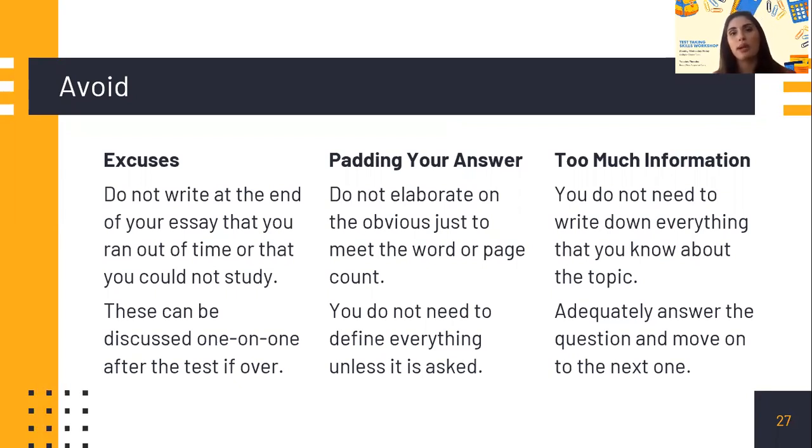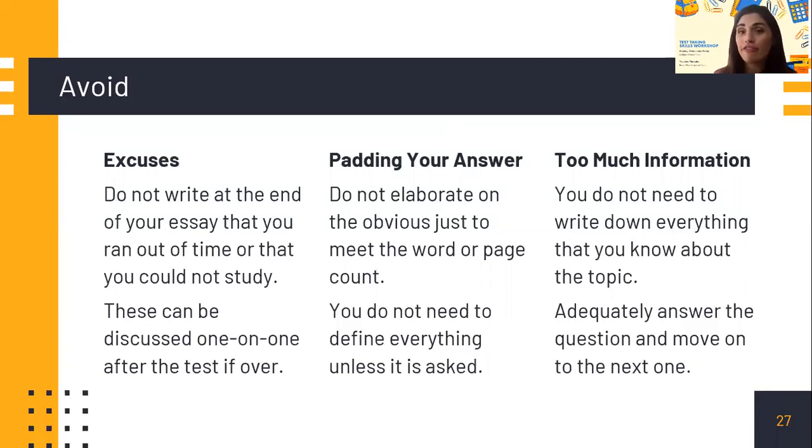Something else that you want to avoid is padding your answer. I talked a little bit about how in your introduction, you don't want to over elaborate. You just want a simple introduction. Well, the same is true for your entire essay. You don't want to elaborate on the obvious just to meet a certain word or page count.